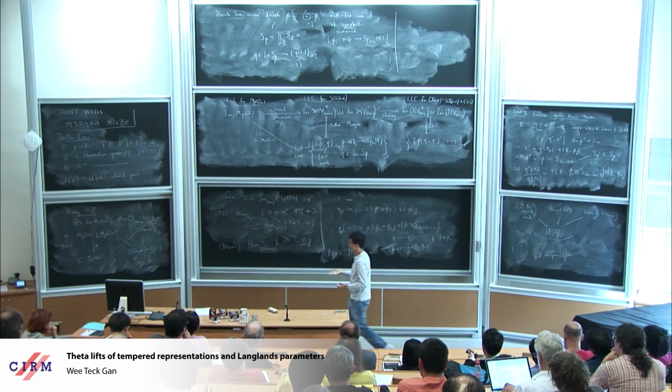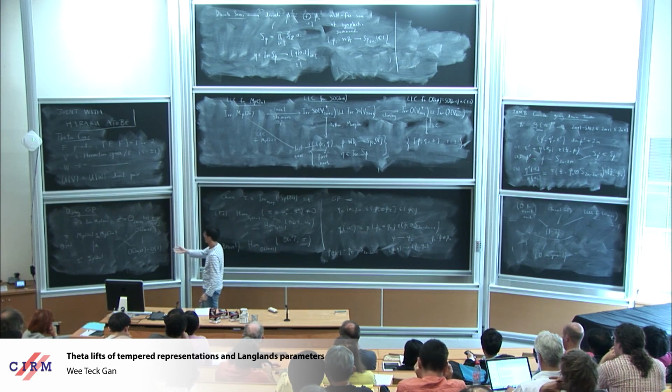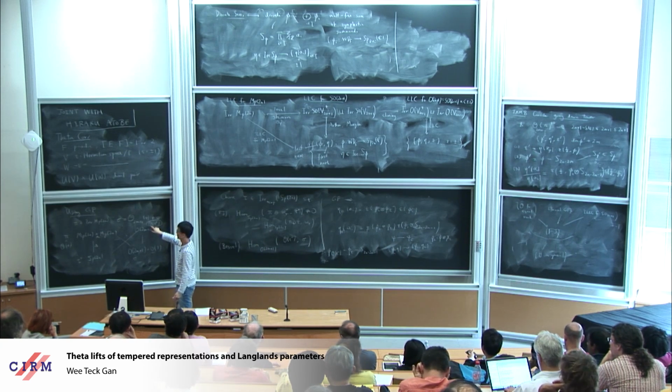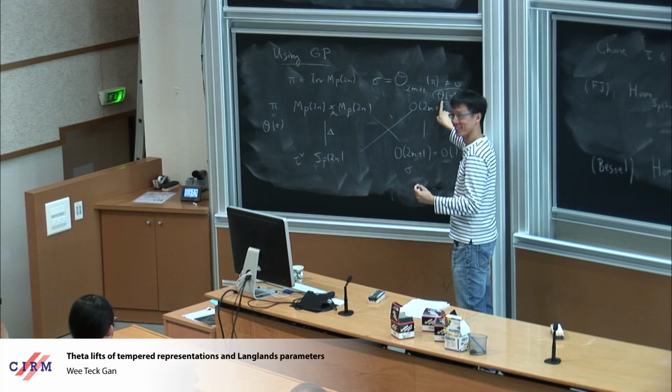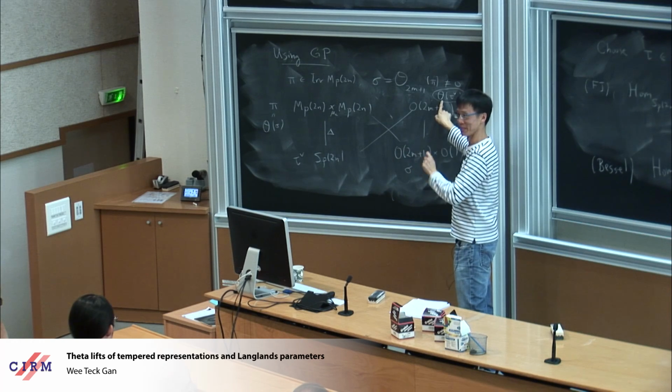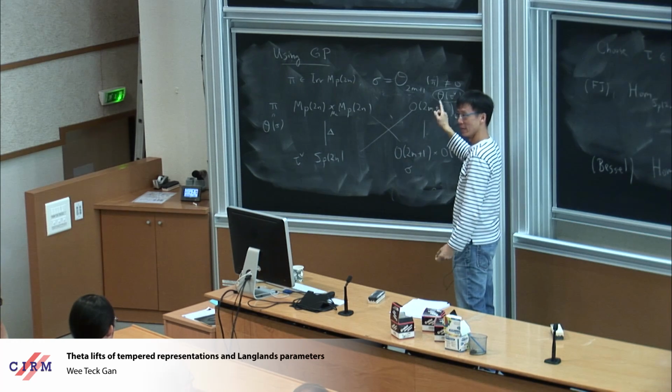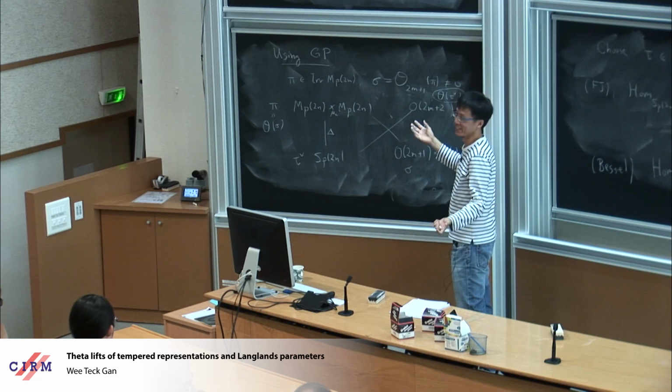One technical point is that when you do this seesaw thing, what appears here are the big theta lift, not the small theta lift. And in the tempered case, Muić has proved many results that say the big theta is equal to the small theta when it's tempered. I mean, it's not really true in general, but for discrete series it is true. So I need those. It's a technical thing, but nonetheless, I did it.